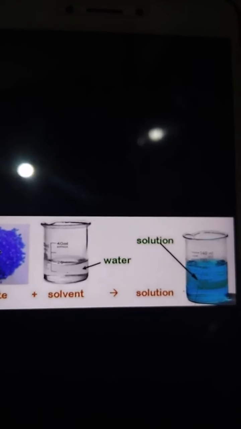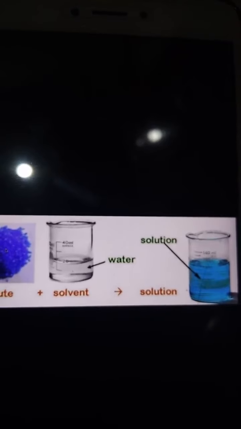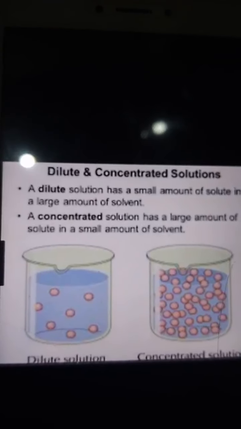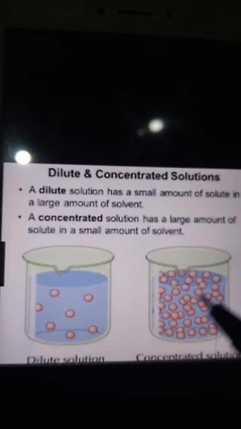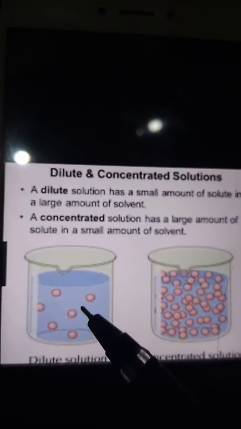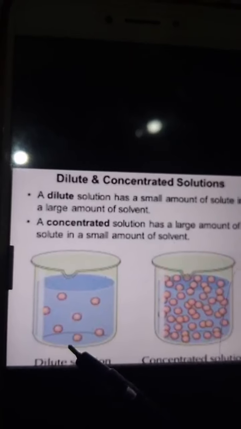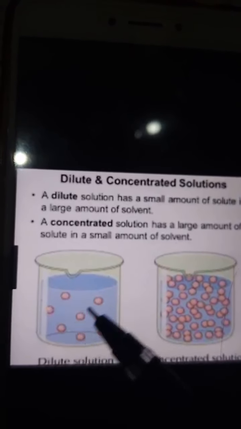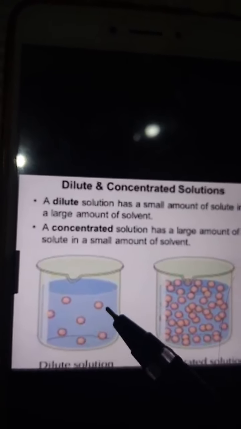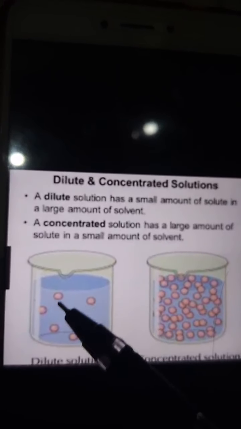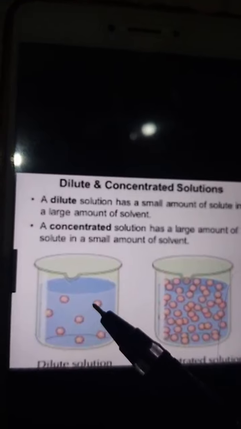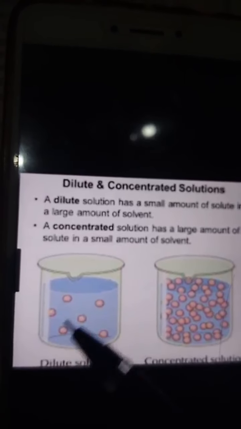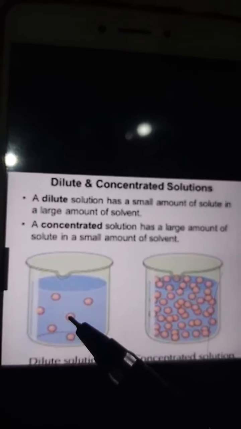Now let us understand the concentrated and the dilute solution. Let us understand the dilute solution first. So here is a solution and here is a solution. In this solution, the pink color balls are the solute, and the blue color is the water. What we are seeing in this container is that it has fewer balls, that means it has a small amount of solute, right?